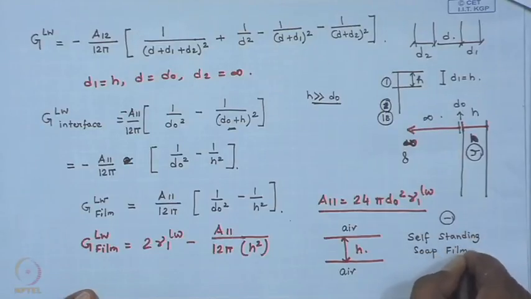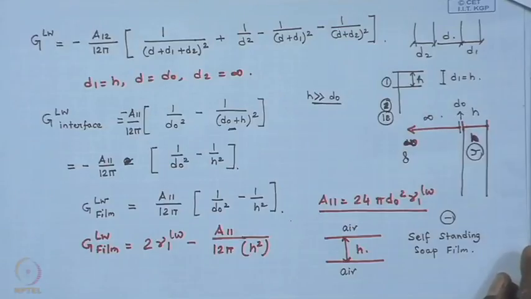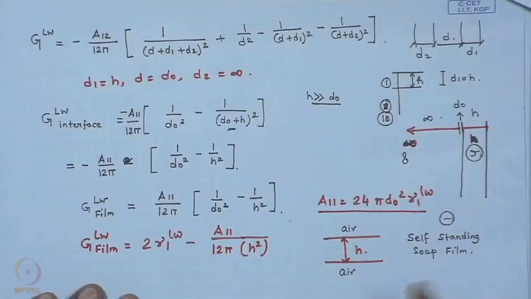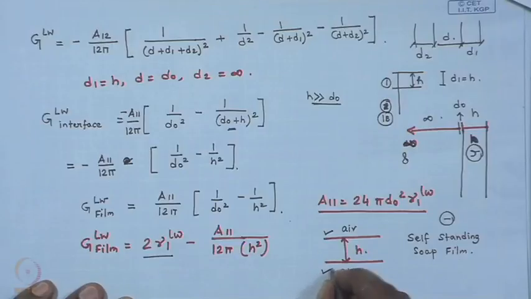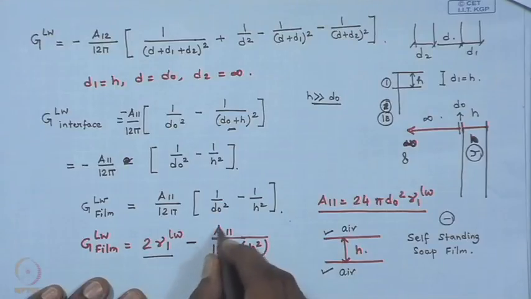Now, the total energy of the film, one can see, is a summation of the surface tension term, that is corresponding to 2 gamma 1 comes from this side as well as from this side, and then there is a term which is an excess term.